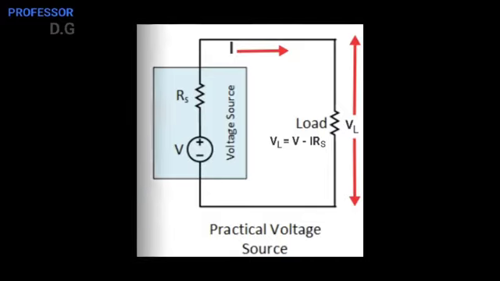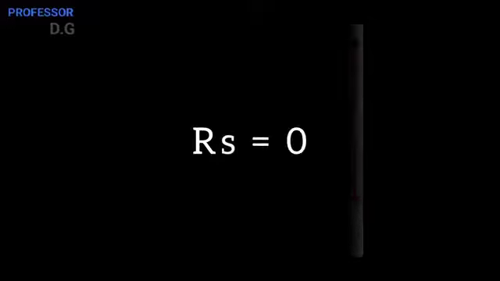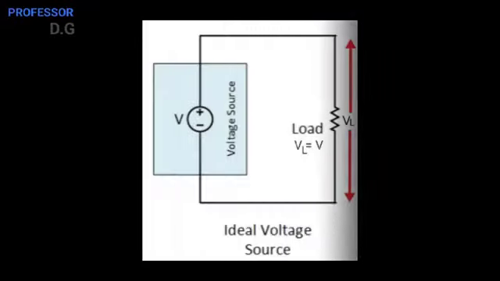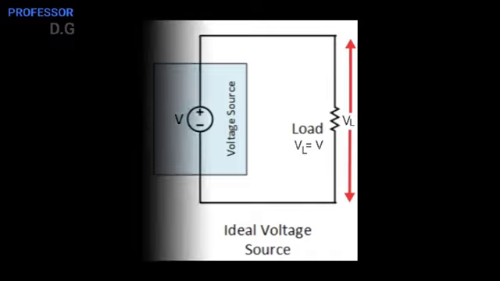But whenever the internal resistance is 0, at that time the voltage drop across the load is always the supply voltage. It does mean that whatever the load resistance, the drop across that load resistance equals the supply voltage, because the internal resistance of the voltage source at that time equals 0.